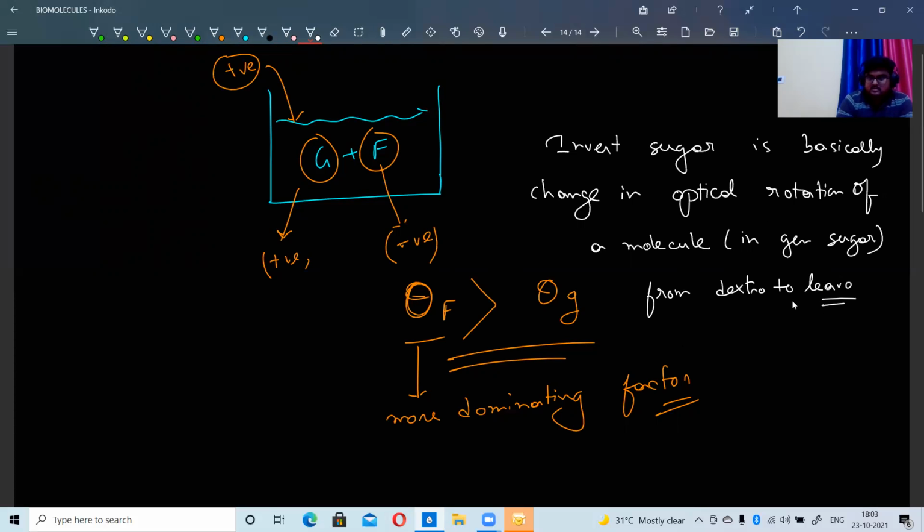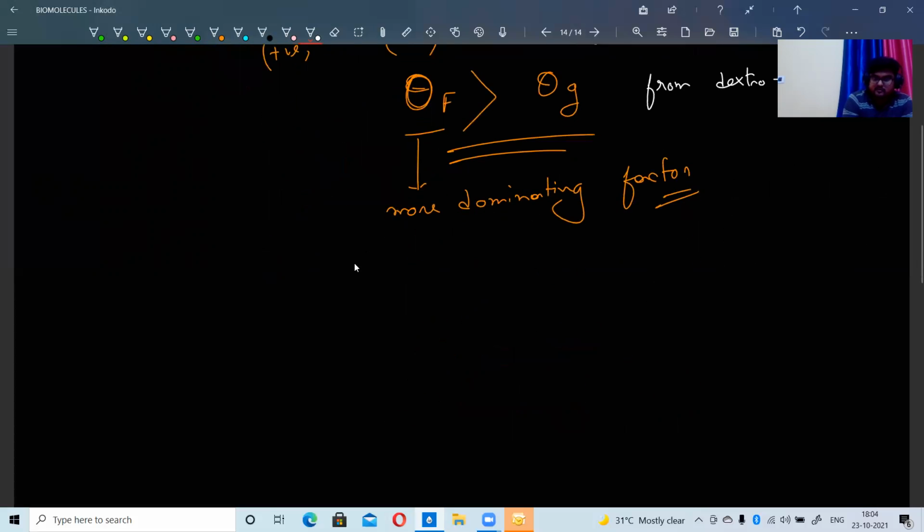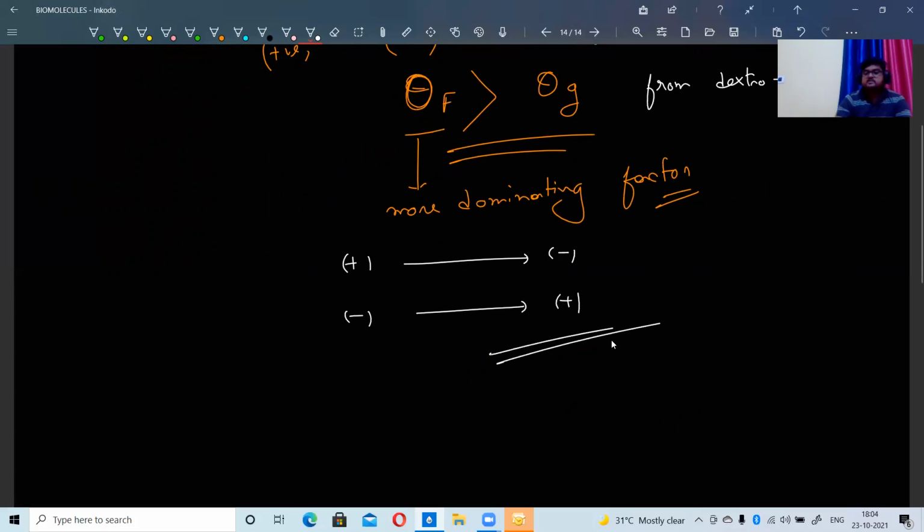So if you put in the positive direction, you will get negative. If you put in negative, you will get positive. That is about invert sugar.